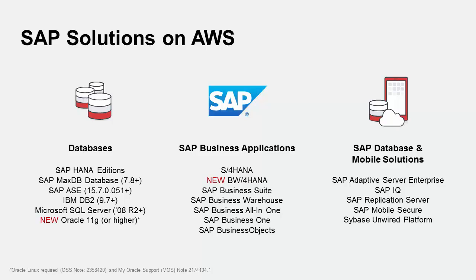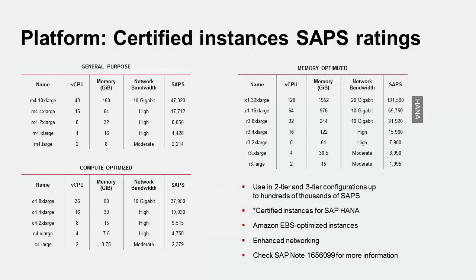Also SAP Hybris and the SAP database products, HANA, MaxDB, the former Sybase databases ASE and IQ, are all supported and certified on AWS. The SAP supported operating systems and databases, as I mentioned earlier, Windows, SUSE Linux, and Red Hat are all supported, and all of the SAP supported databases, including Oracle, SQL Server, DB2, are all supported on AWS.